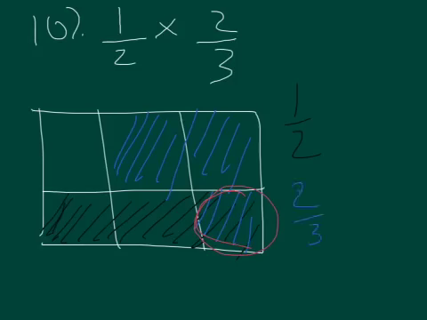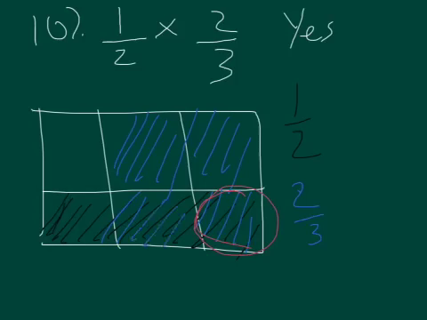Okay, so is this accurate? I'm going to say yes, because I know the blue I have, 1, 2 over here. In fact, let me go ahead and change that. 2 out of 3 diagonally.